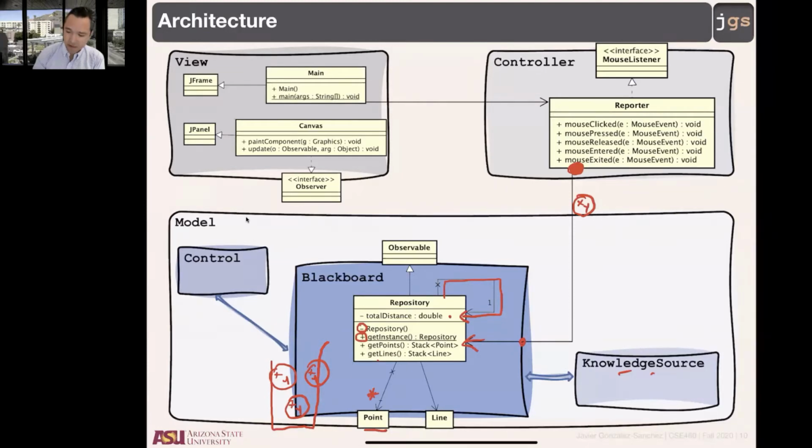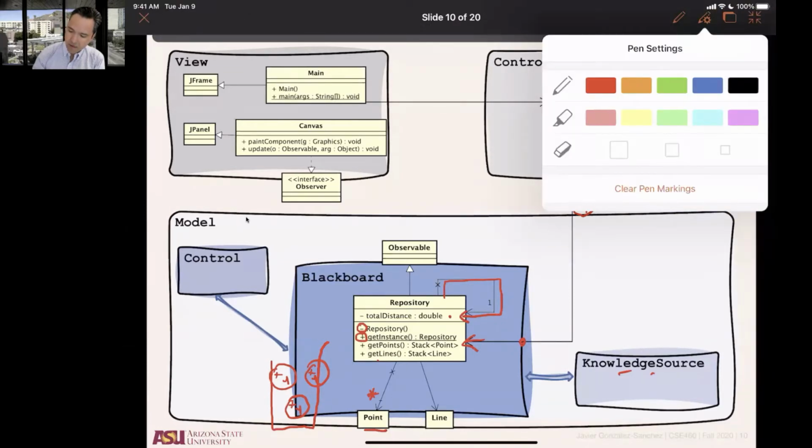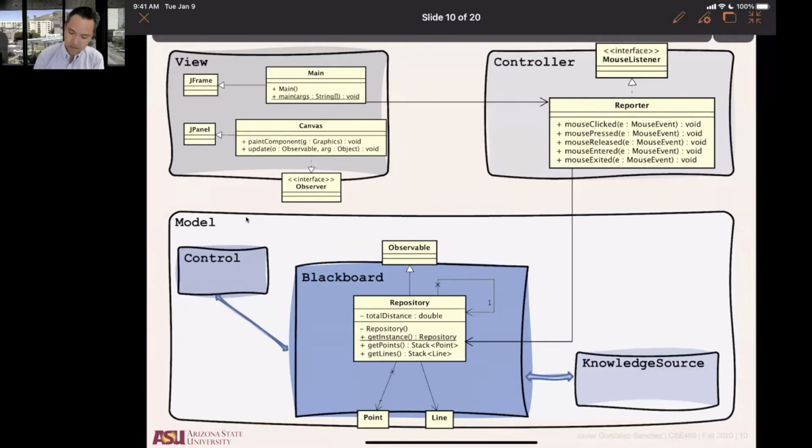Now, no diamonds yet. Answering the question, so far I do not have diamonds here. I want to talk about options for diamonds in the next slides, but hopefully you agree with me that if we start thinking about diamonds, the good place for them is going to be this connection and this connection.